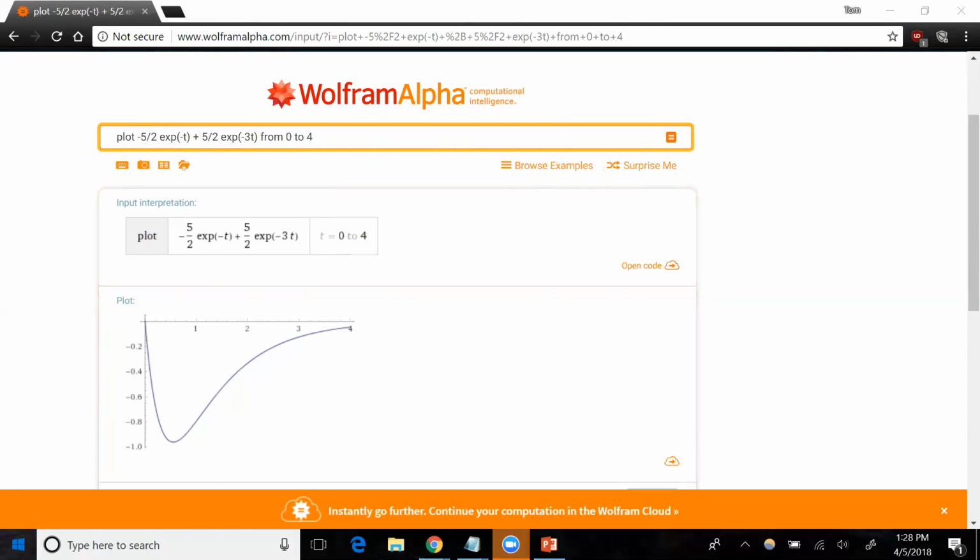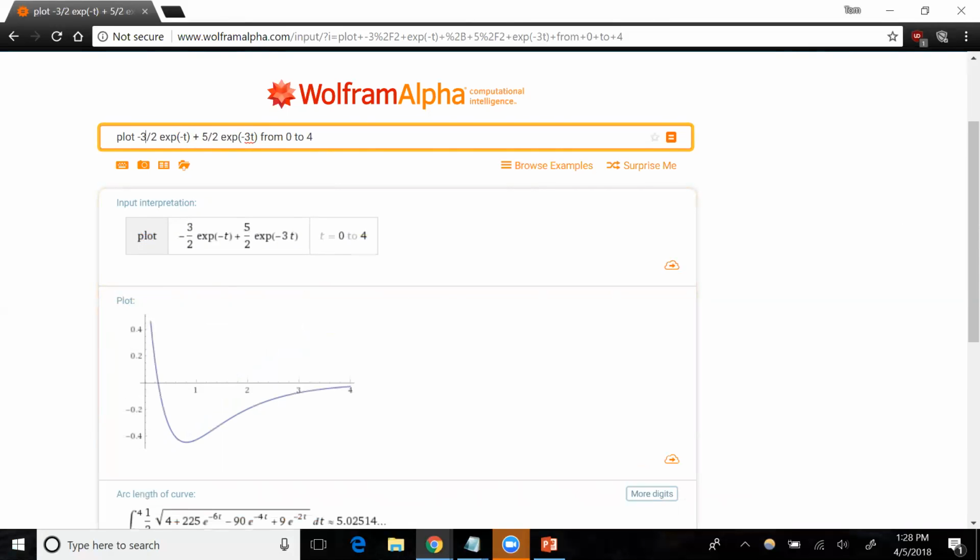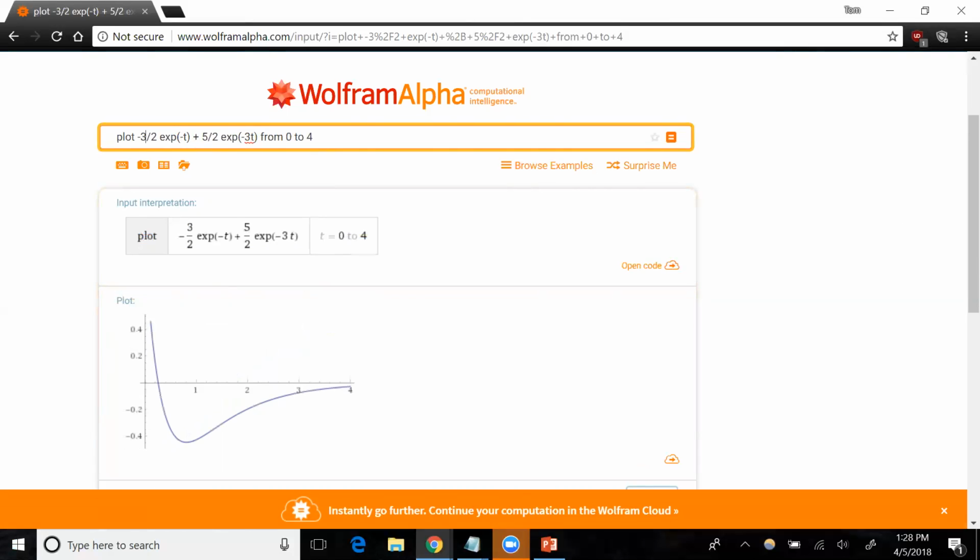I'll do it later. But if I change it to minus 3/2, it's going to have a different value. The initial slope is somewhat different. So we need those two coefficients to be able to pin down exactly what that curve is doing.